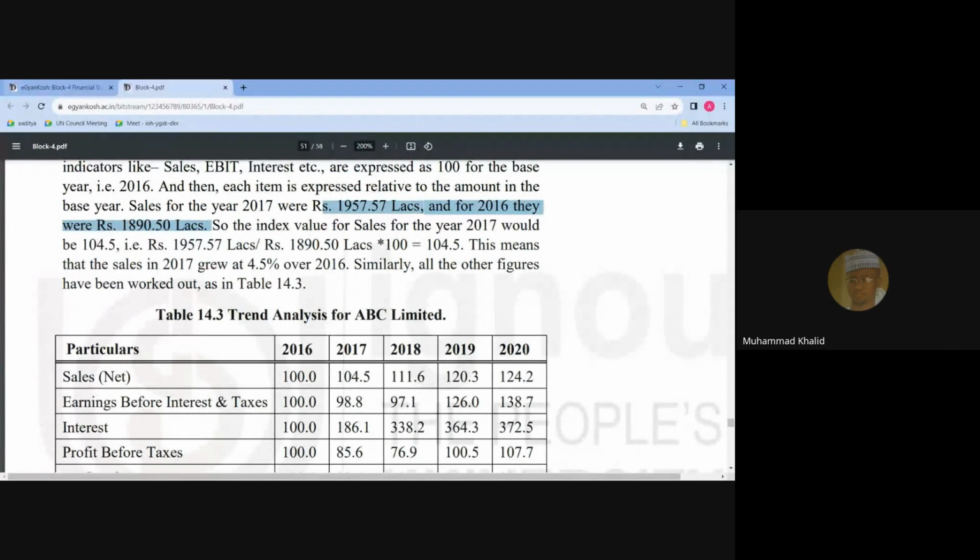Yes, ma'am, it's clear. So for each and every item, suppose this is 100, and if you go with the earnings before interest and tax, in 2017 and 2018, it is 98.8 and 97.1. So it means earnings have declined. And next, in 2019, it has grown by 26% and 38%.